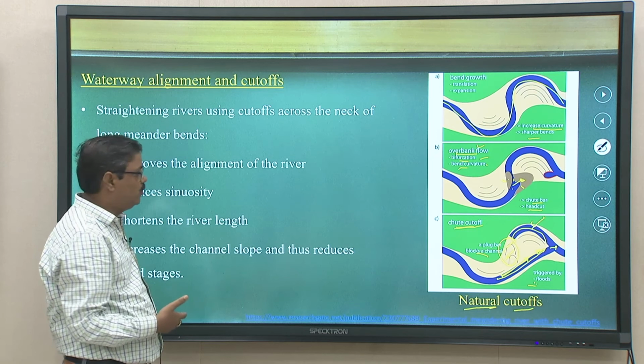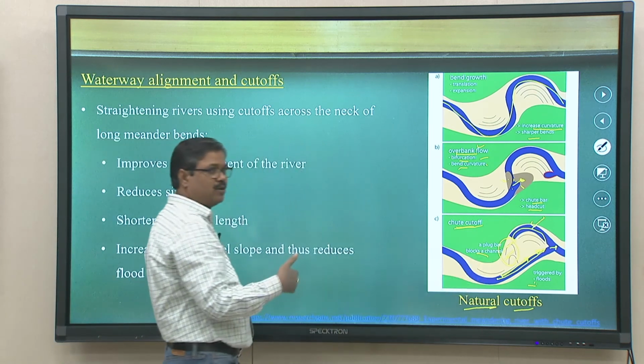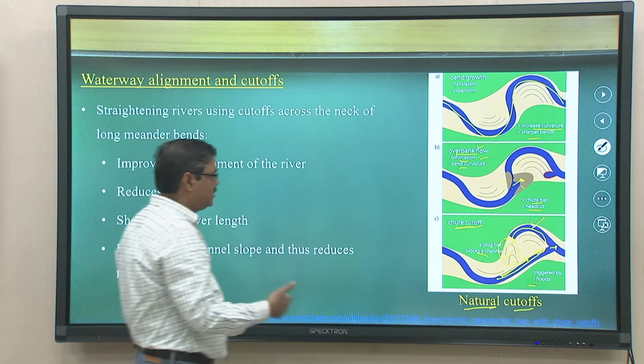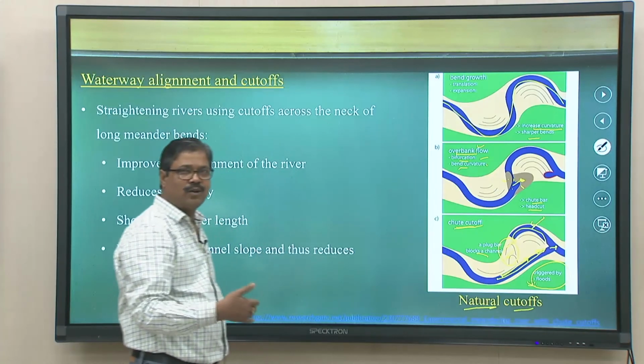That is what we try to do: whether we can trigger the cutoff process, because natural cutoffs take a lot of time and depend upon major flood events. We cannot wait till that. So, we try to resemble natural conditions and make artificial cutoffs following the behavior of natural cutoffs.